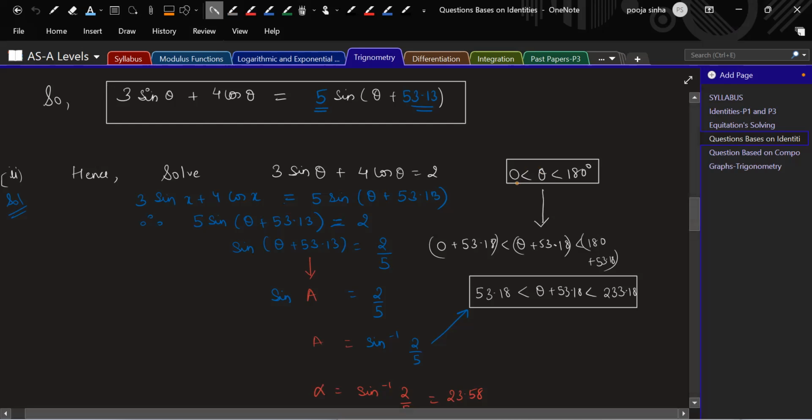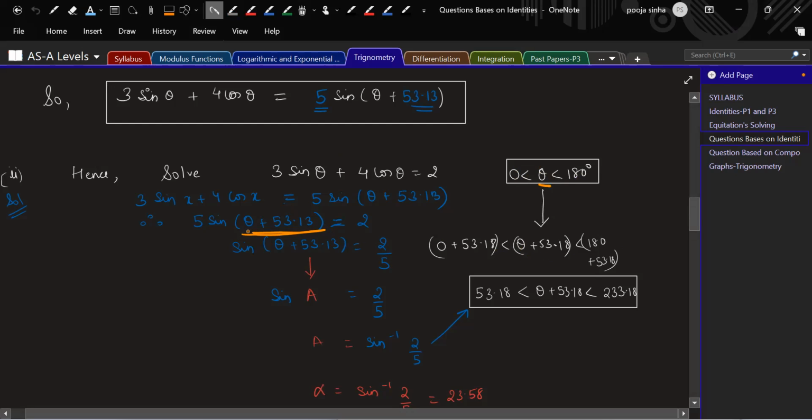It says the domain is given, theta is from 0 to 180, right? But here, what are you finding? Theta plus 53.13, correct? But the domain is given for what? For theta. So first of all, this has to be changed in such a way that you get the domain for this and not just theta.